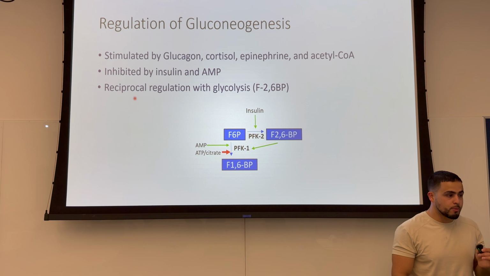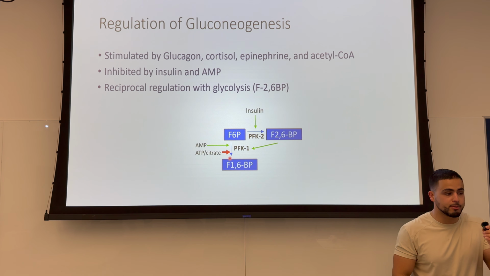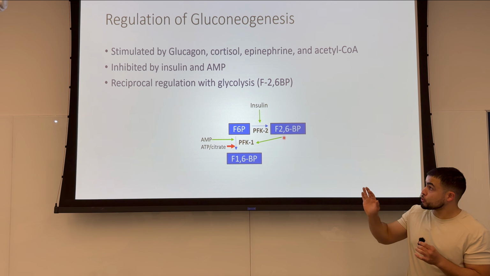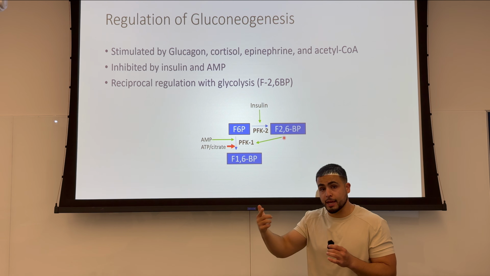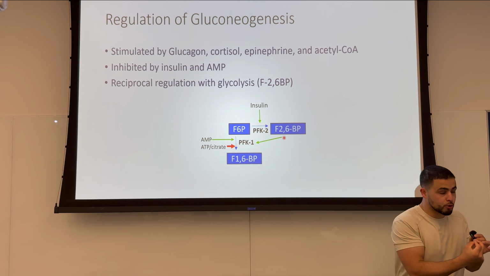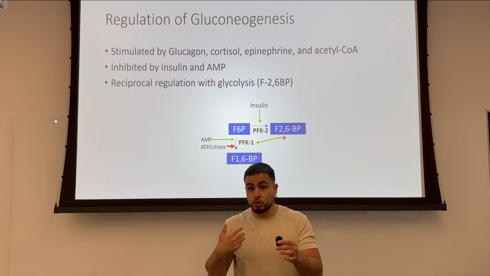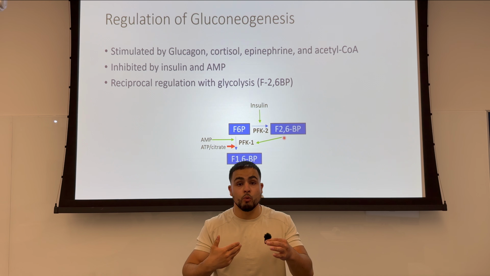Also, this concept of reciprocal regulation is important, and this is the idea behind fructose 2,6-bisphosphate. Recall, we saw earlier that fructose 2,6-bisphosphate stimulates PFK1, which is an enzyme of glycolysis, so it stimulates glycolysis. Well, it turns out that fructose 2,6-bisphosphate not only stimulates glycolysis, but also inhibits gluconeogenesis, and that's the idea behind reciprocal regulation: you don't want 2 pathways that are accomplishing opposite things running at the same time.